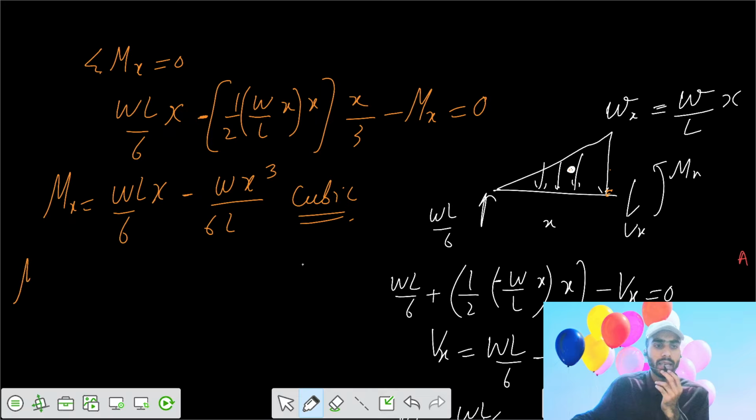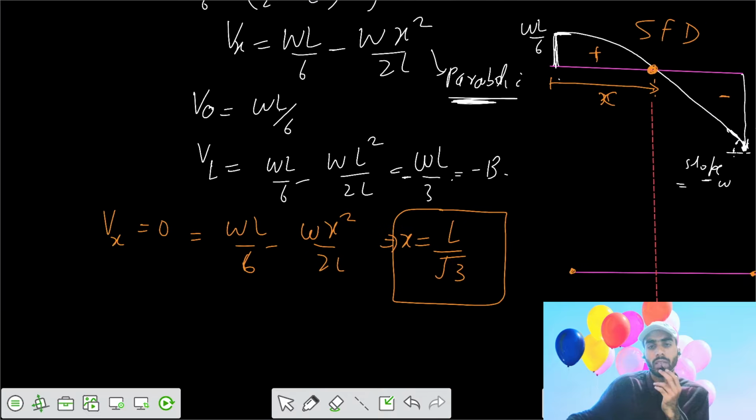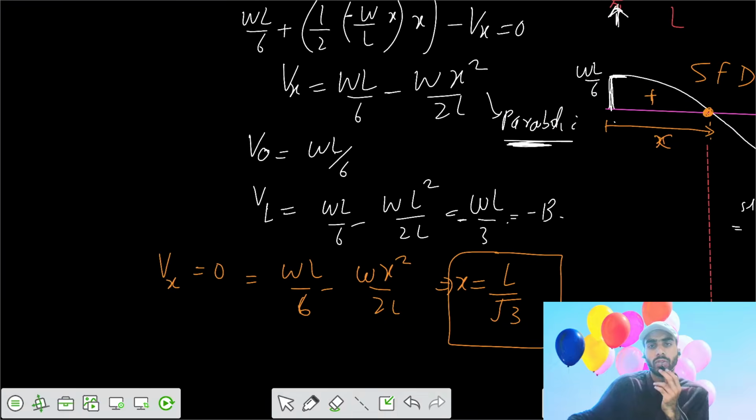So moment at 0 becomes 0. Moment at L also becomes 0 when you substitute the value of x equals L. And we want to calculate the moment where the shear force becomes 0. We calculated the value of x to be L by root 3.